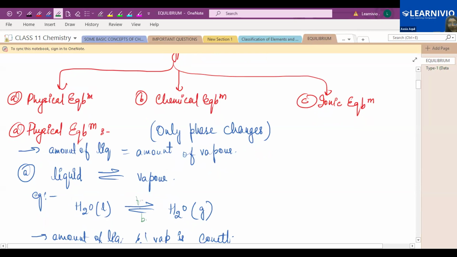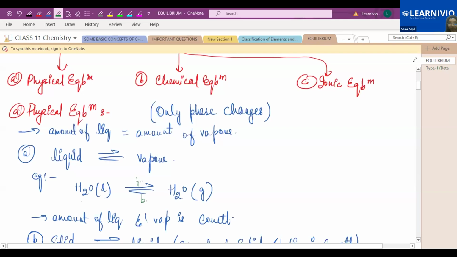Because this is a physical equilibrium, suppose I take 10 ml, so 10 ml will be as it is. You will get 10 ml of gas also. So the amount of liquid is always equal to the amount of vapor in the physical equilibrium.